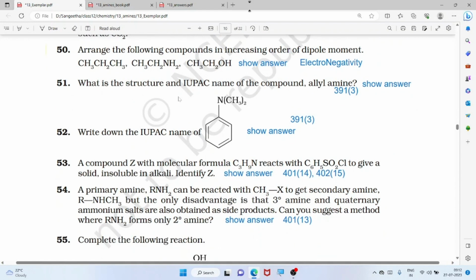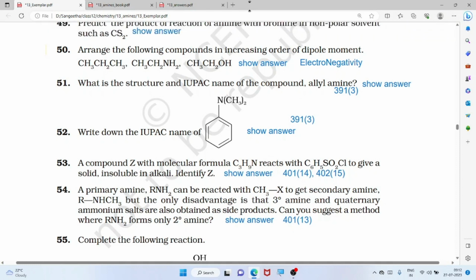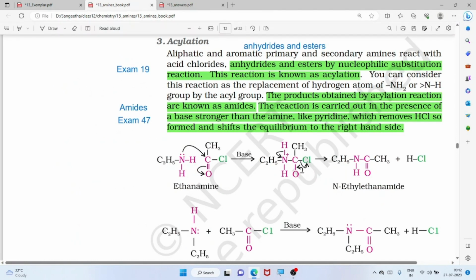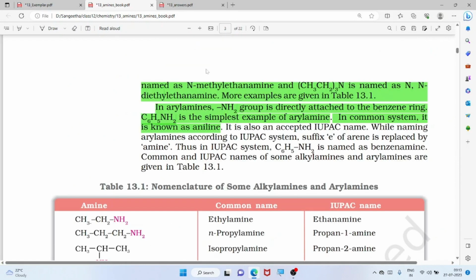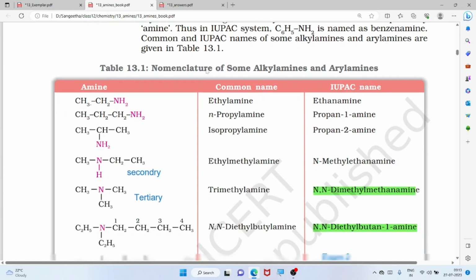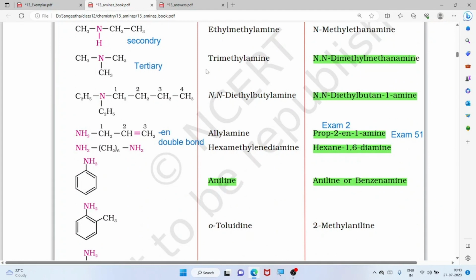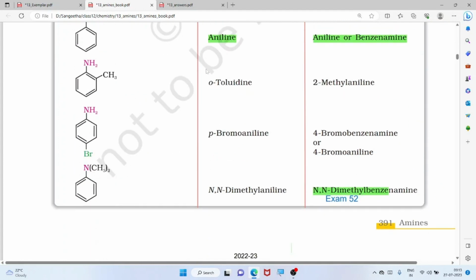What is the structure and IUPAC name of the compound allylamine? Okay.